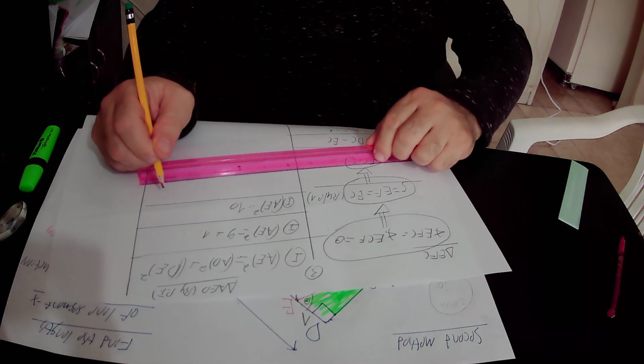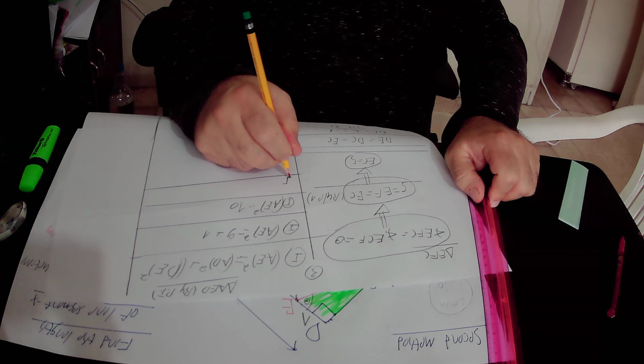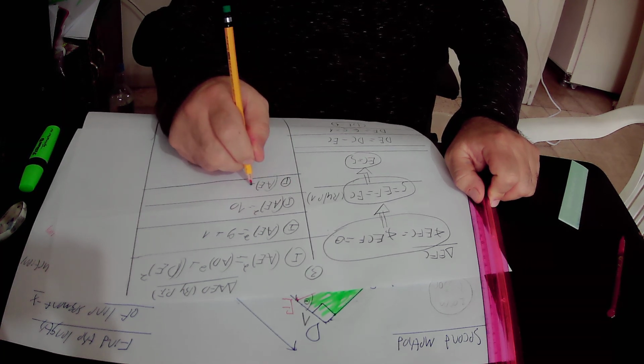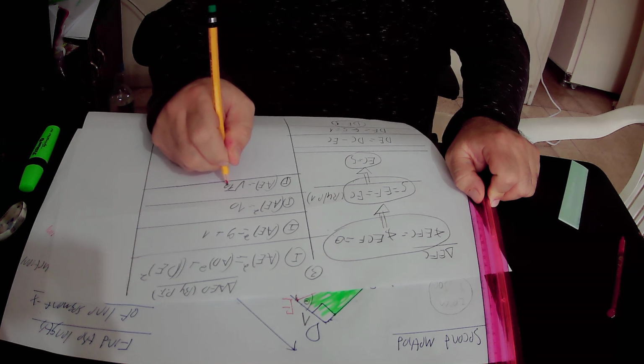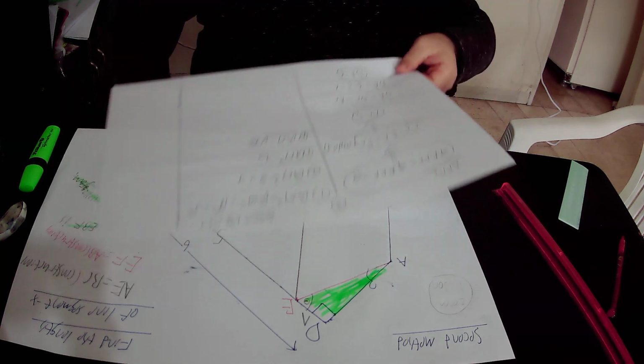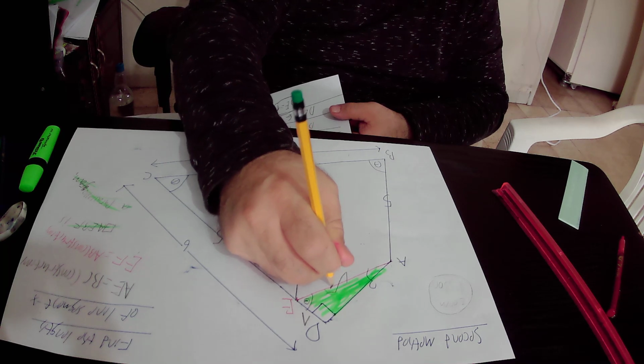So AE equals the square root of 10 units.